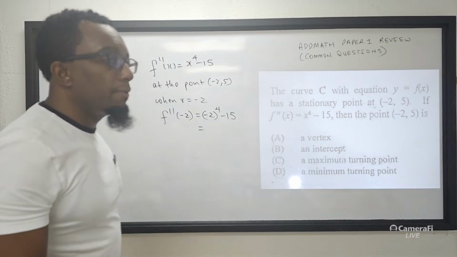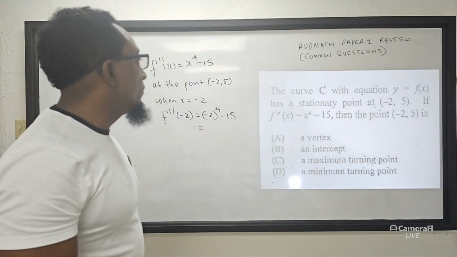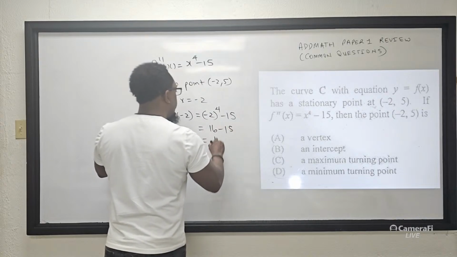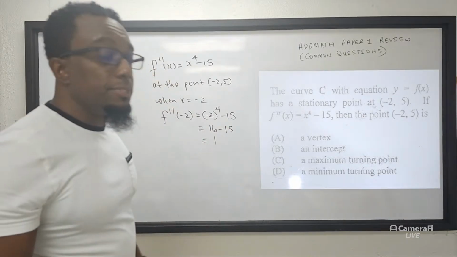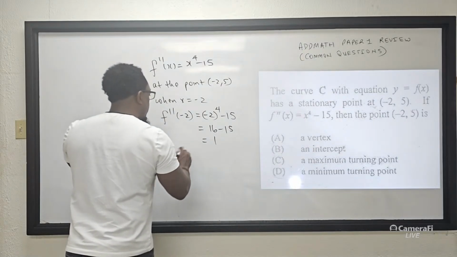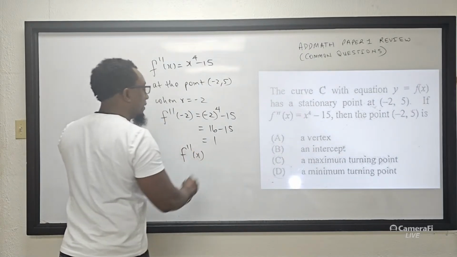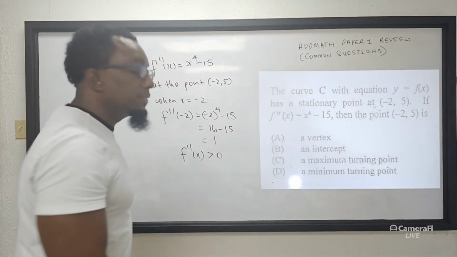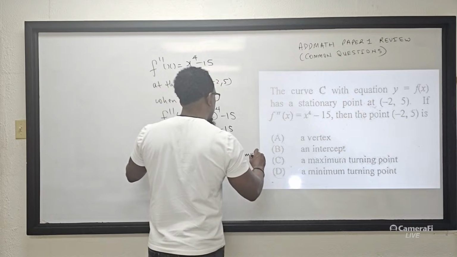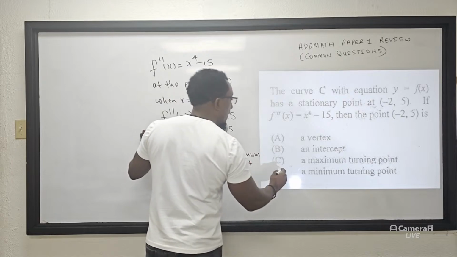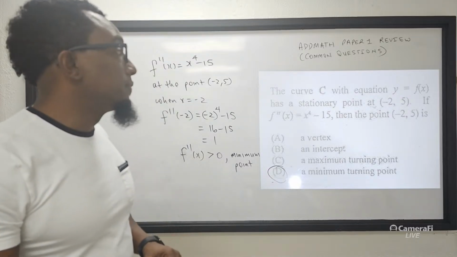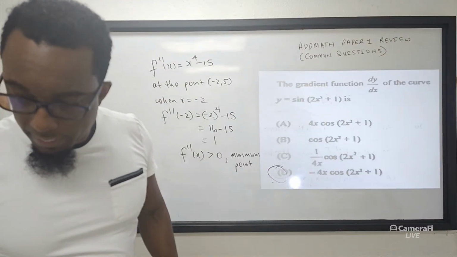Negative 2 raised to the power of 4, that is 2 times 2 is 4, 4 times 4 is 16. Subtract 15, which is 1. And when the second derivative, I use f double prime, is greater than 0, it tells us it is a minimum point. Whose answer there is D for that one. It's a minimum point. So common questions, we should know them, alright?